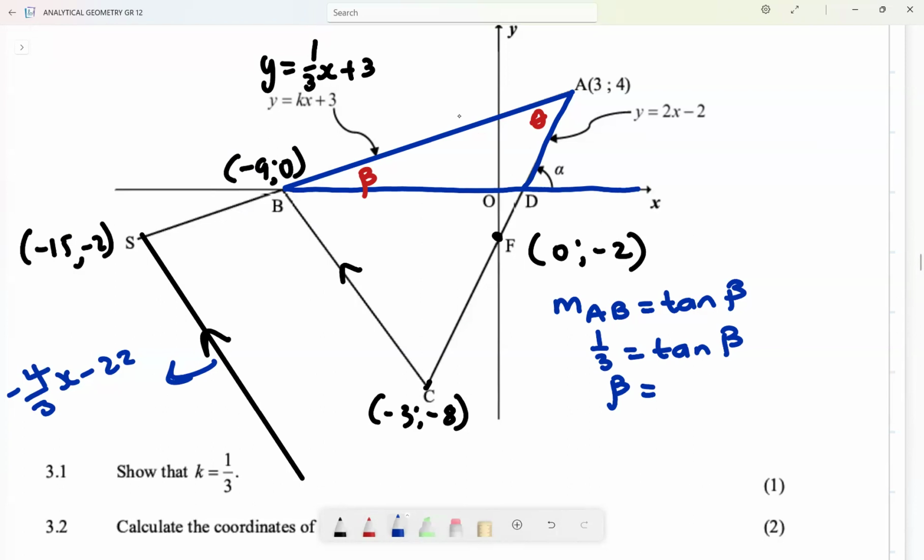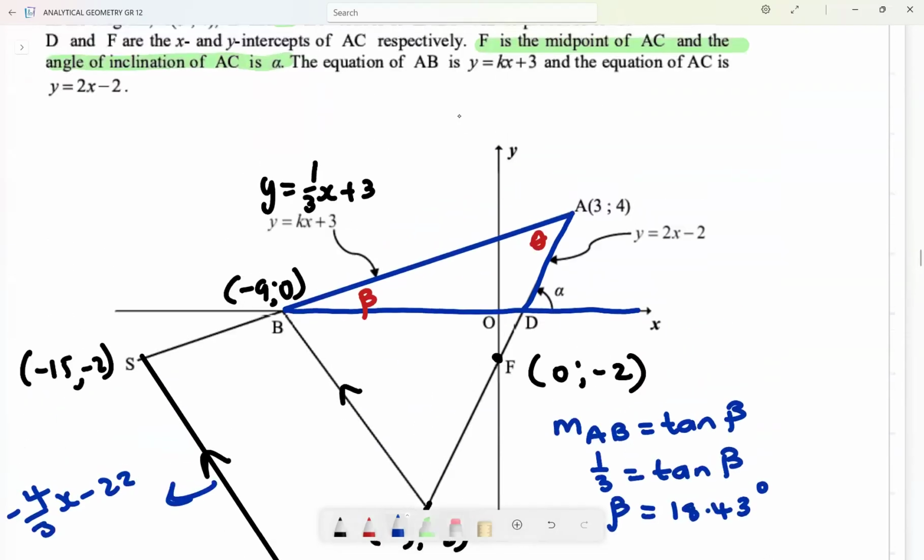Let me just confirm: arctan of 1 divided by 3 is 18.43 degrees. And then how can I find alpha?